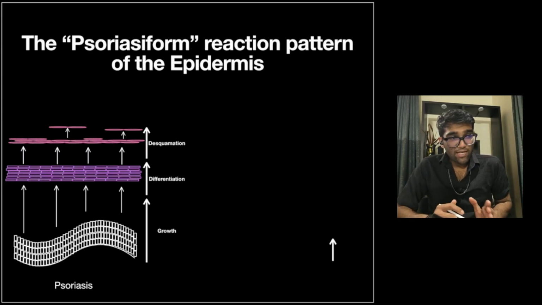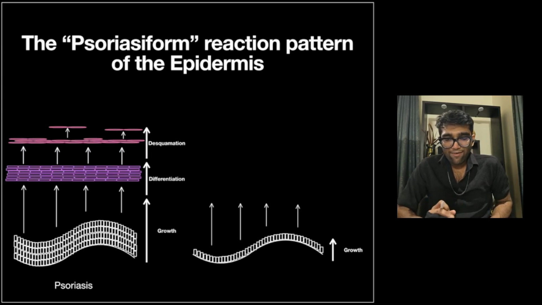So on the left side, I've shown you again the diagram of psoriasis, a psoriasis lesion. So there's a lot of growth happening. Okay, and differentiation is essentially normal. Now in psoriasiform lesions, you don't have excessive growth. You have normal or decreased cellular growth in the stratum basal. What you do have is actually an impairment of differentiation.